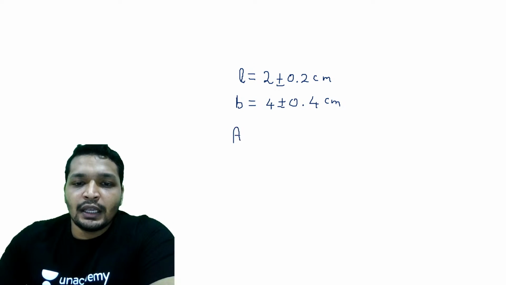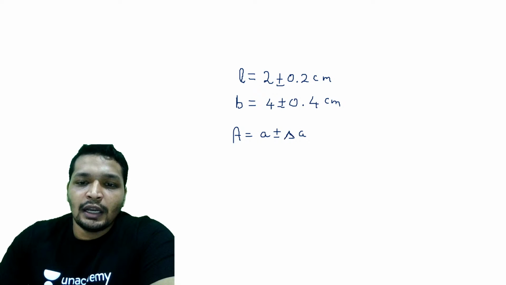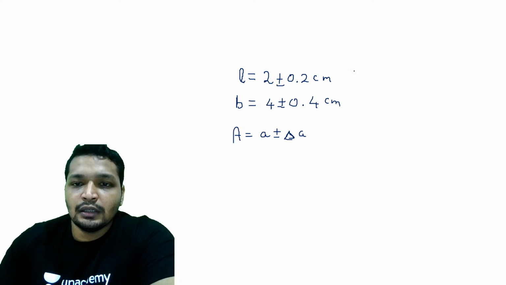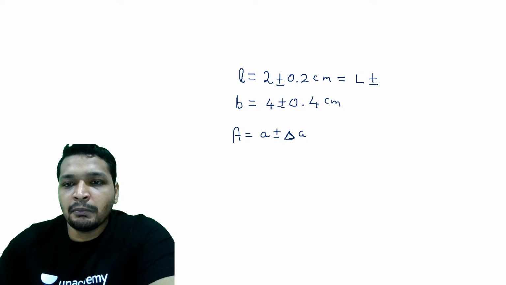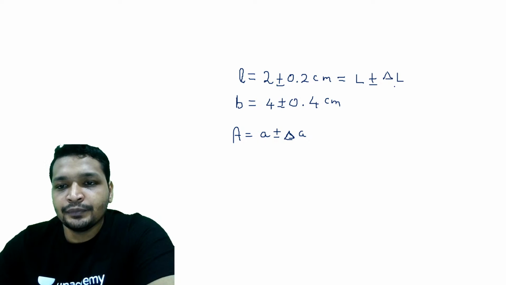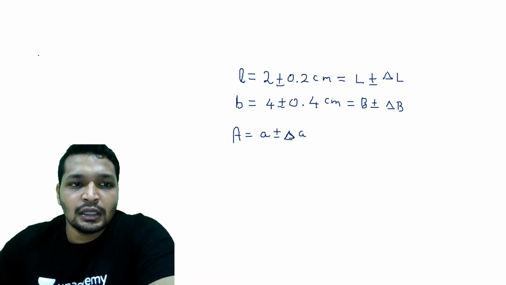So I'm going to say A is equal to some A plus or minus delta A. I know how to calculate A. This is L plus or minus delta L, and this is B plus or minus delta B. Small a is nothing but L into B.